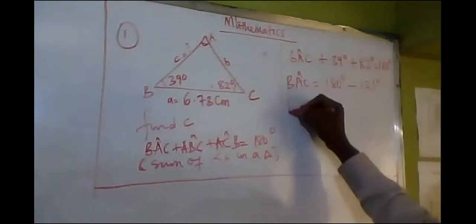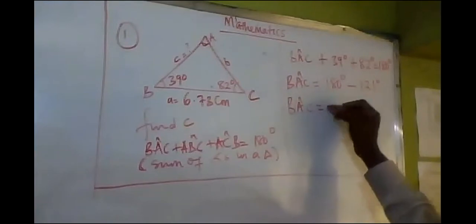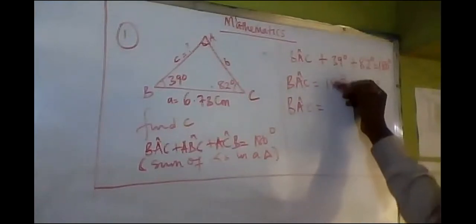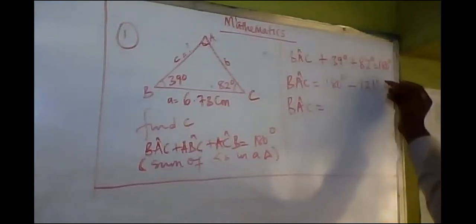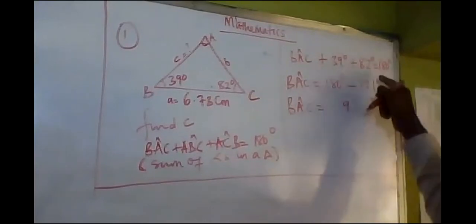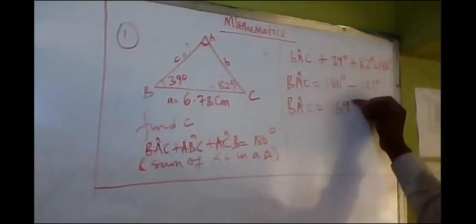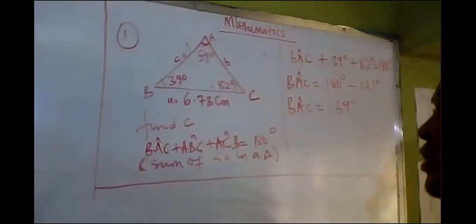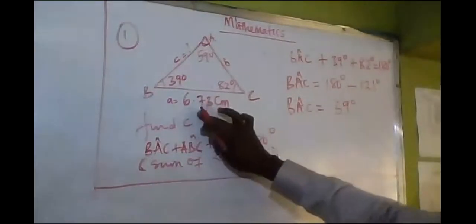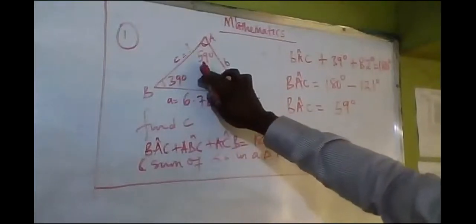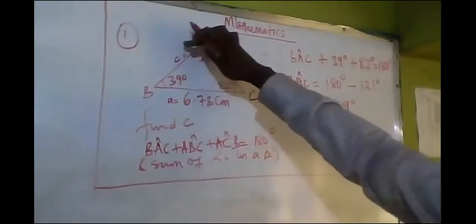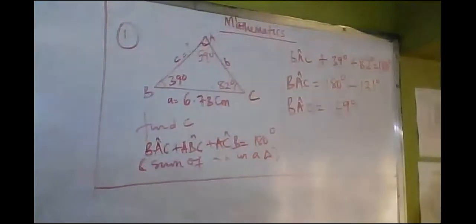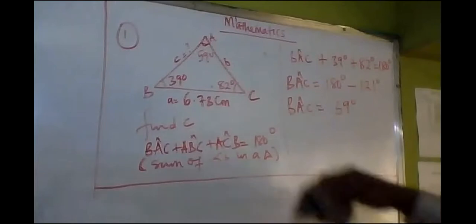So BAC will now give us, let's subtract, borrow 1 from this. This will give us 9, 7. 7 minus 2 is 5. 1 minus 2, 59. So this is 59. With that, we now have one side complete and one angle complete. Then we can use the one we are looking for.